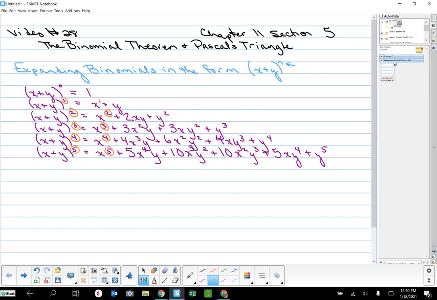Okay, you should notice that. Also, the power on the last term matches the n, but it's the second variable, right?